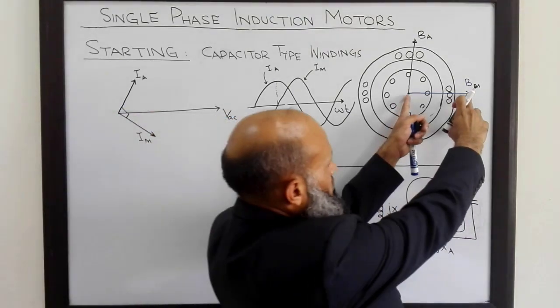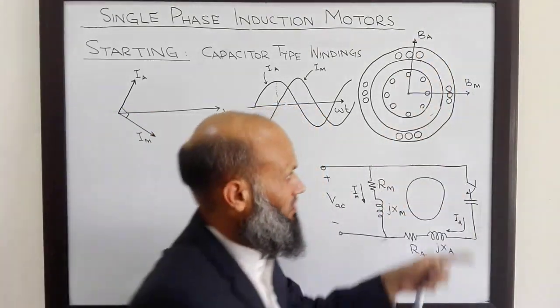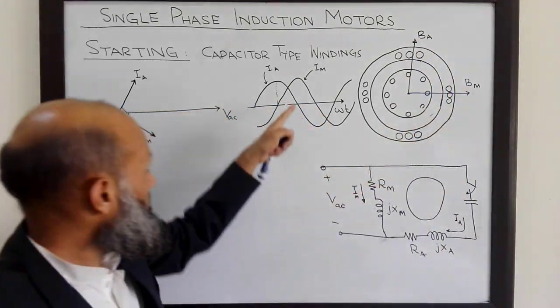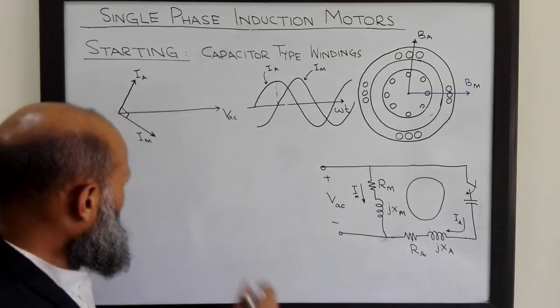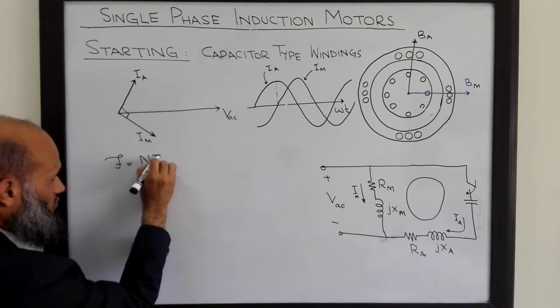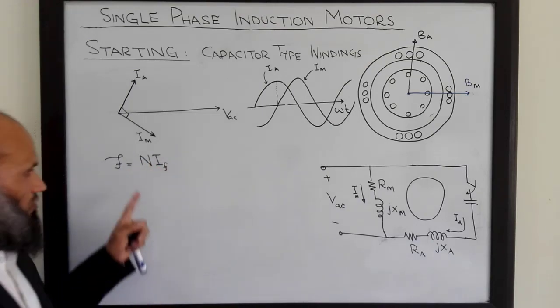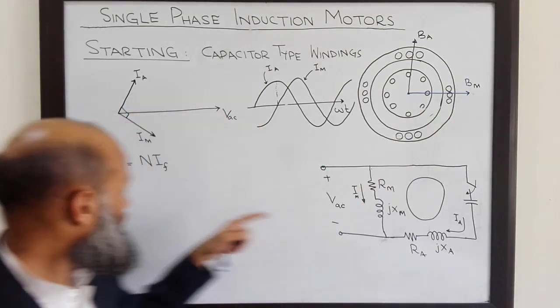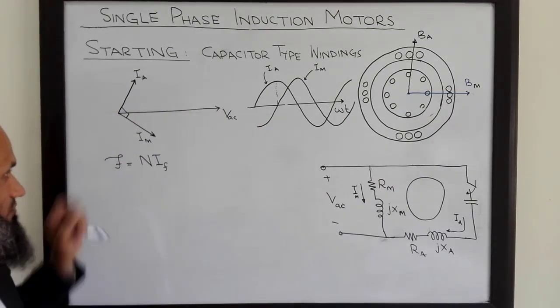What will be the magnitude of Bm and BA? The magnitude of Bm will be proportional to Im, because mmf is equal to N into I, and the flux density will be proportional to mmf.